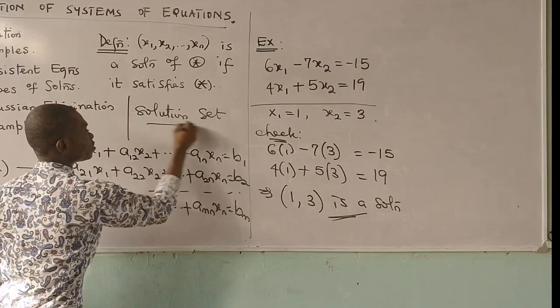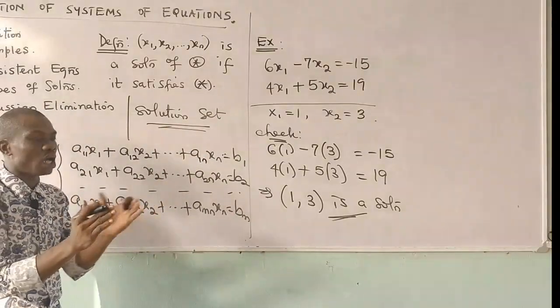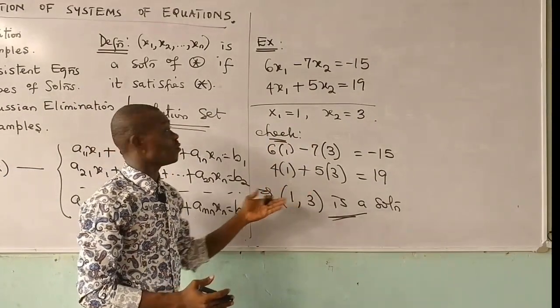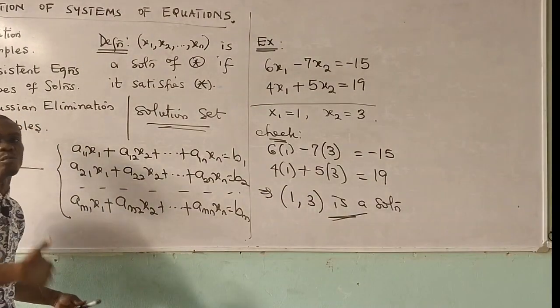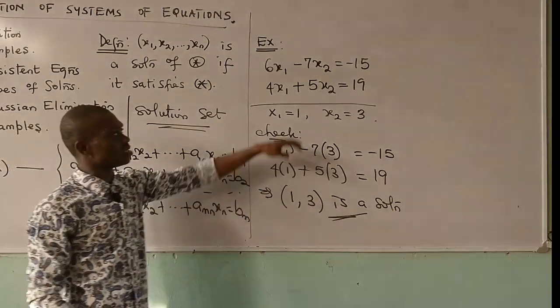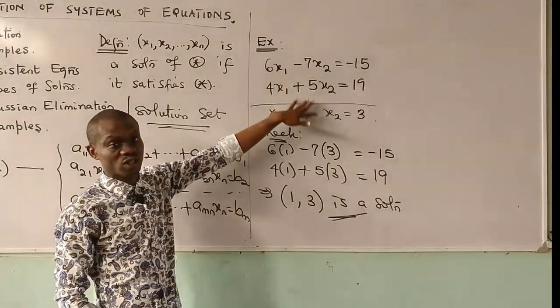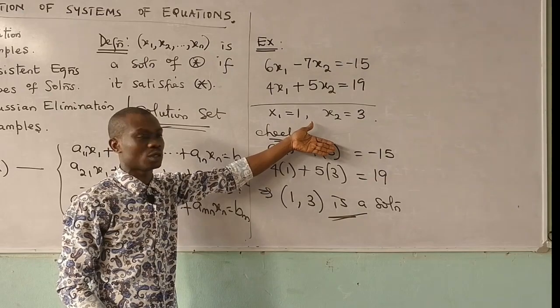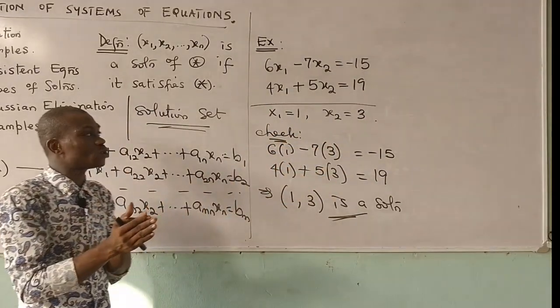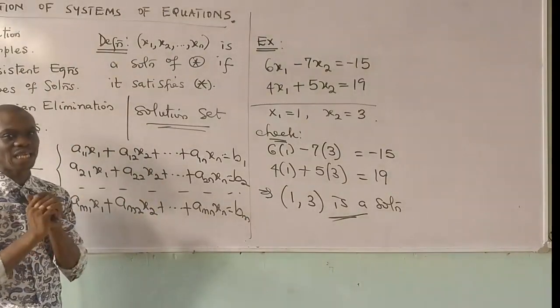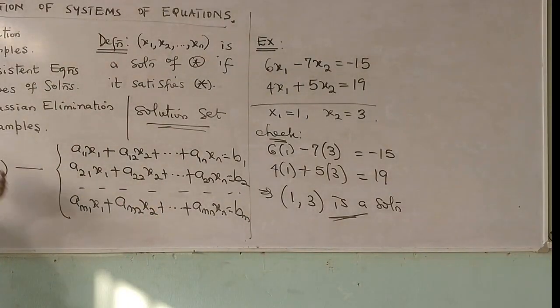We are going to see types of solutions, and there are some systems that have more than one solution. For instance, with this one, if we solve it you can get more than one solution, and a collection of all the possible solutions is what we call a solution set.